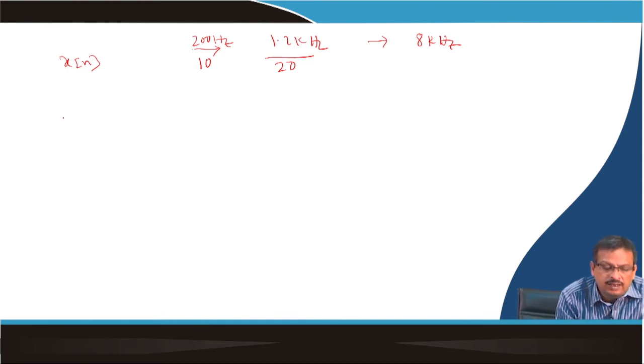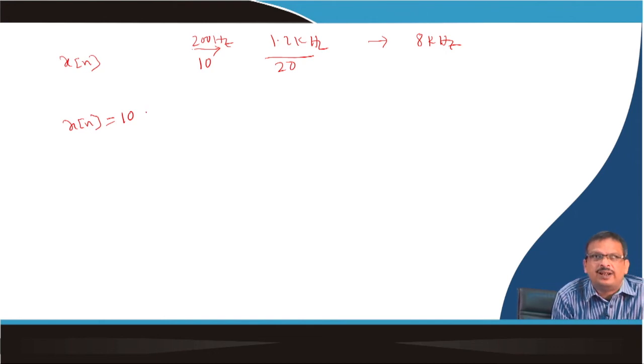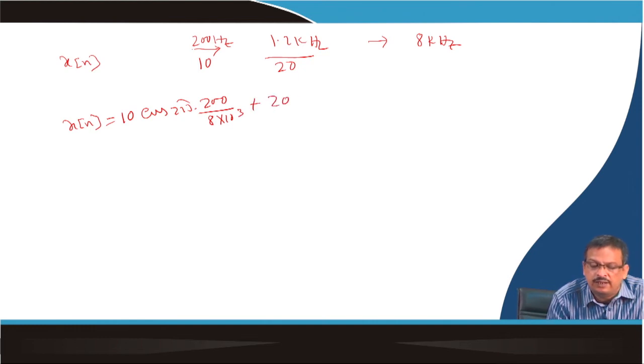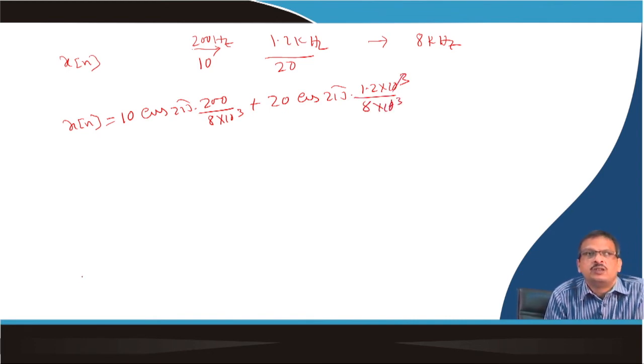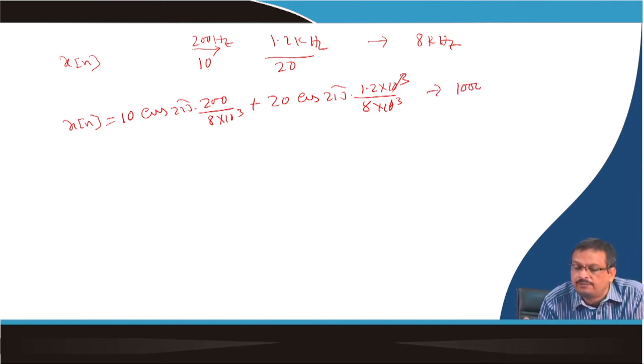So what is the equation? X of n is equal to 10 cos 2 pi into 200 Hz divided by fs, 8 kilohertz, plus 20 cos 2 pi into 1.2 kilohertz divided by 8 kilohertz, with n as the sample index. So this is your xn. So generate 1000 samples.